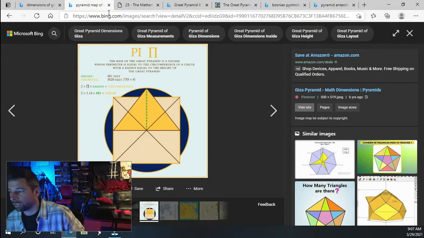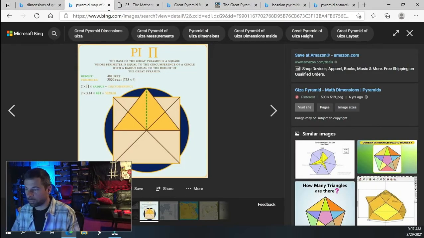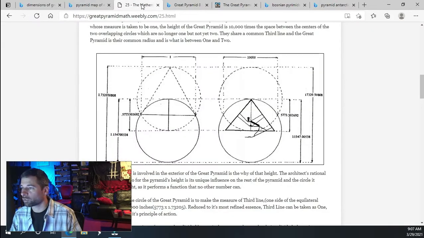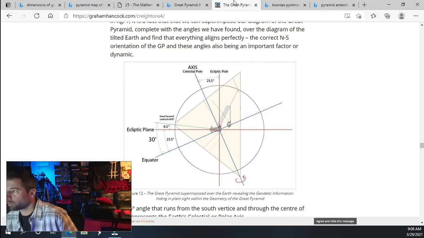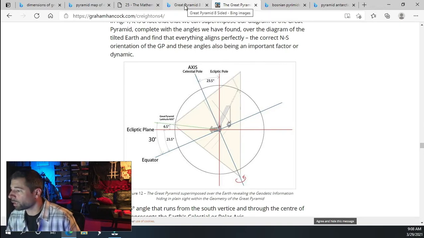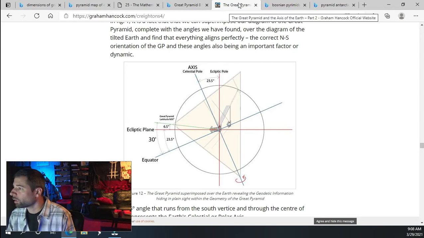Encapsulated in this pyramid, in the different dimensions and lines of the pyramid, you have essentially a map of our solar system and a map of the Earth and the celestial axis, which is the wobble of the Earth, the precession. So these numbers are, to me, more impossible than the actual building, the construction itself.